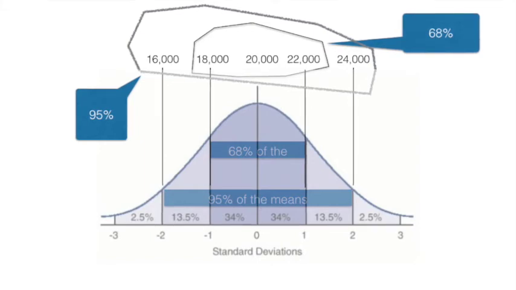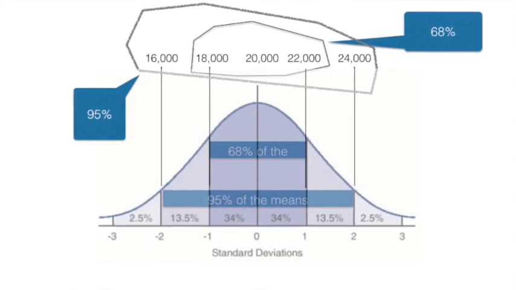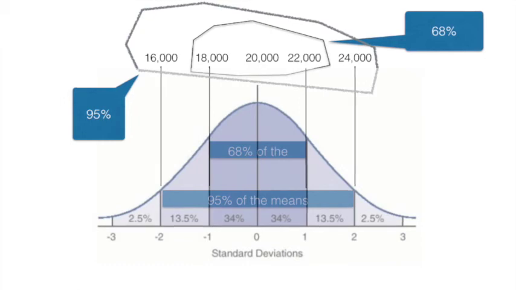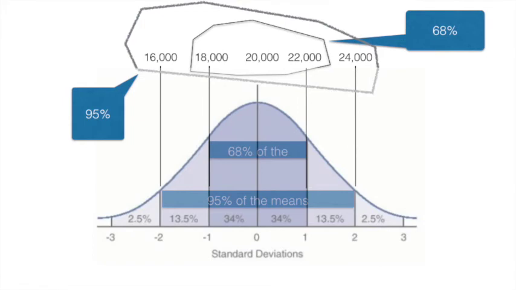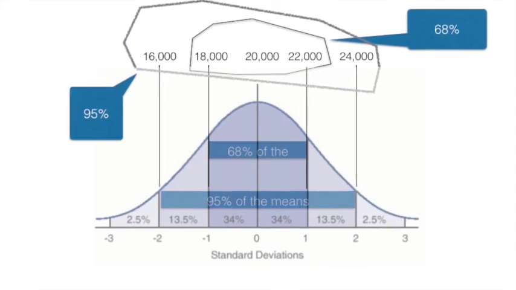Therefore, the income of the 68%, since that is one standard deviation from the mean, no? One standard deviation. The income of the 68% of the respondents is between 18,000 to 22,000, because that is within one standard deviation.